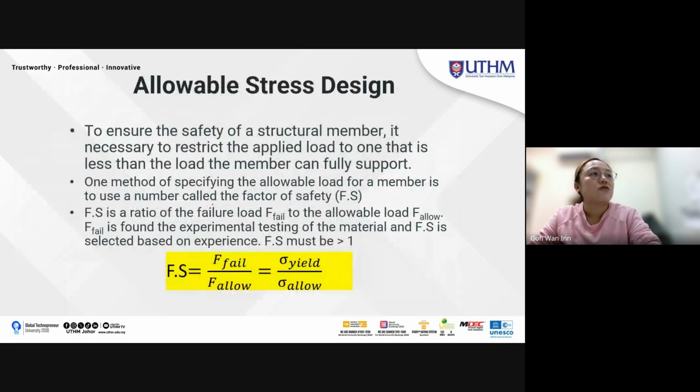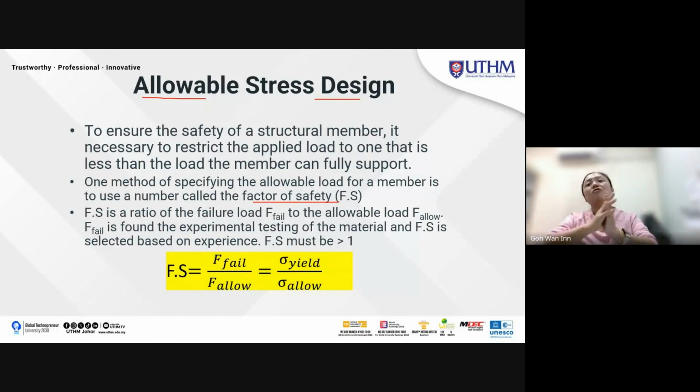Okay, so you have stress, you have strain, and what is all this for? It is for the design, right? So you will have design with allowable stress design. When you are doing the reinforced concrete design in your design subject, you will have the safety factor.